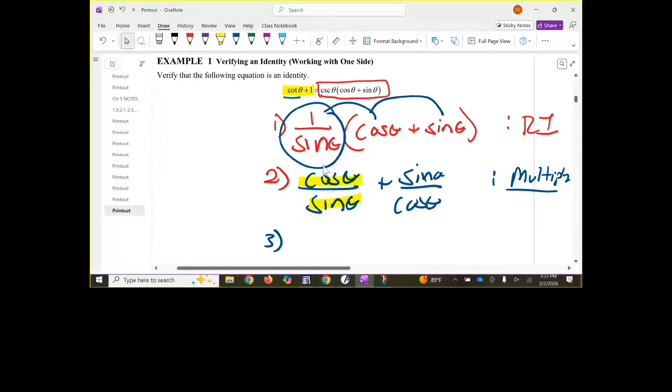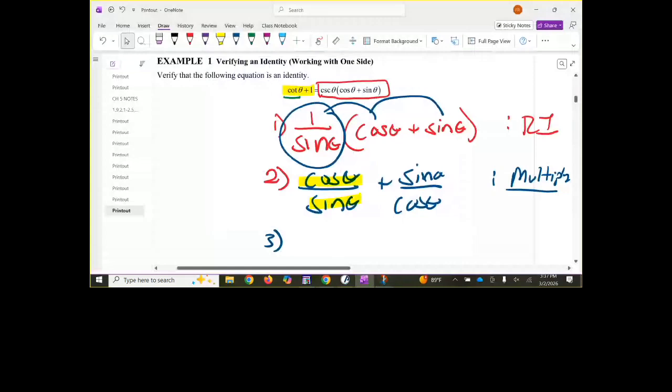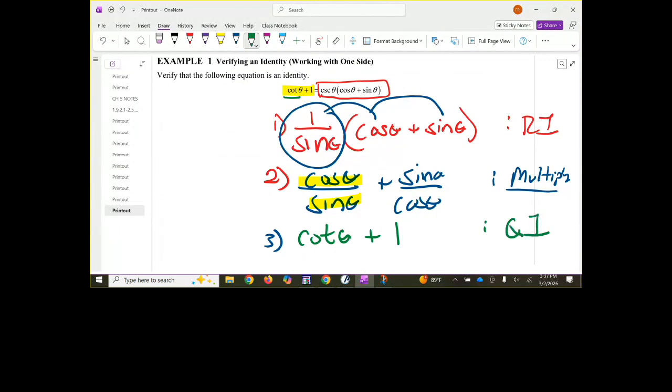So look, y'all, cosine over sine, the way I can write it into a cotangent of theta, isn't that using a quotient identity? So right here, I'm going to put cotangent of theta plus 1. What did we use? We used a quotient identity. And we got the right side to look like the left side.